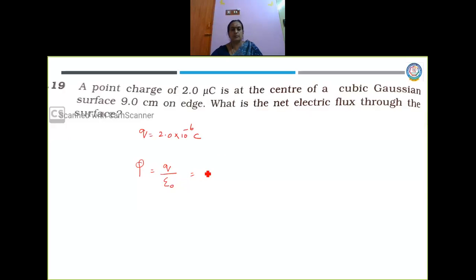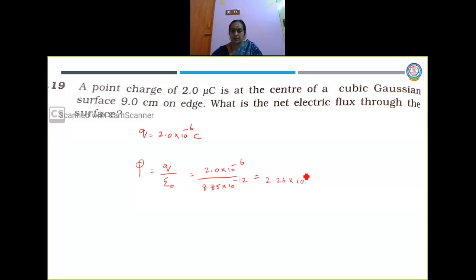So Q is equal to 2 into 10 power minus 6 divided by epsilon naught, which is 8.85 into 10 power minus 12. When you simplify, you will have the answer 2.26 into... When you take this 12 to the numerator, it goes up and you will have 10 power plus 12, right?